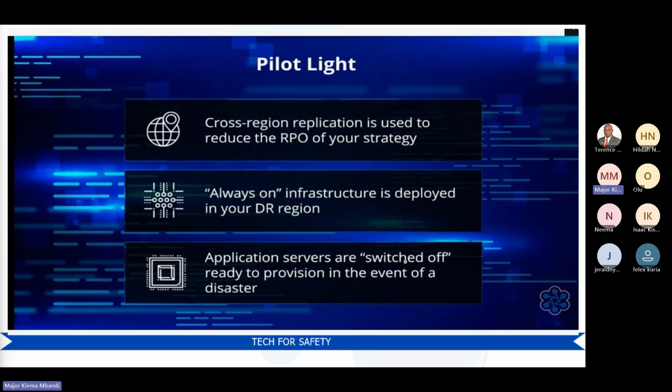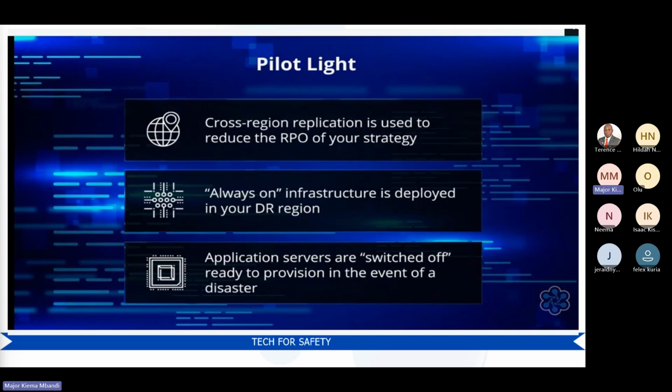Application servers are switched off, ready to provision in the event of a disaster. So it's not active. You deploy identical infrastructure but switched off. The moment anything happens in the primary region, they are initiated and turned on. They are not active at the moment, just waiting to be triggered in case of a failover in the primary region.